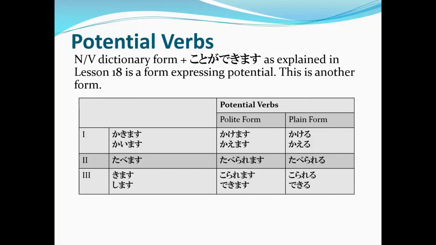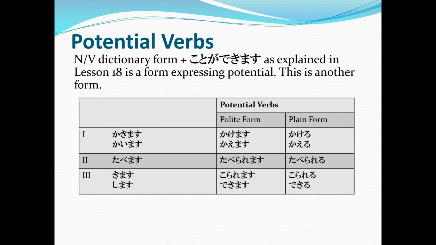So kaimasu, to be a potential verb in a polite form, will be kaemasu, which translates into can buy. If you want to change it into its plain form, you just have to remove the masu, then add ru, which turns it into kaeru, or again, can buy.